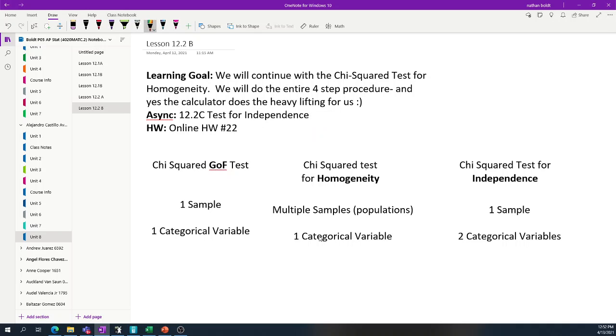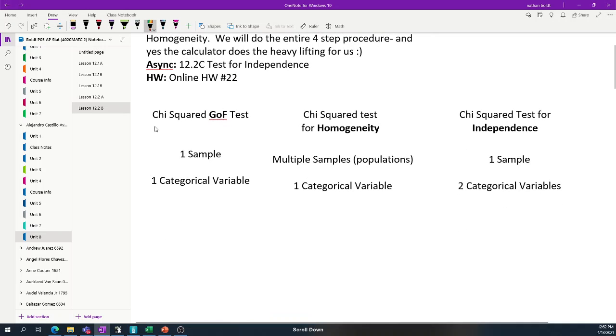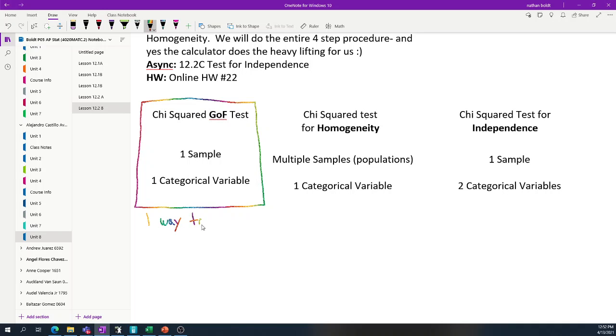So let's remind ourselves the difference between these 3. Okay, the first one we did was the GOF. This is the one that's a bit more different than the others. You have less chance of getting it confused with the other ones because you get a one-way table. It's just one row, essentially.